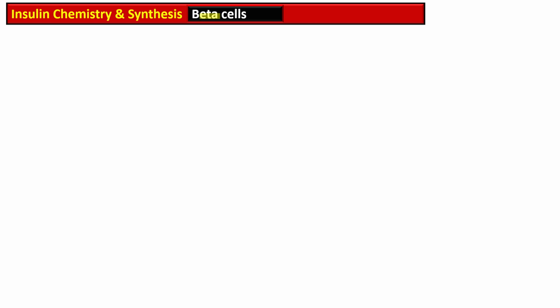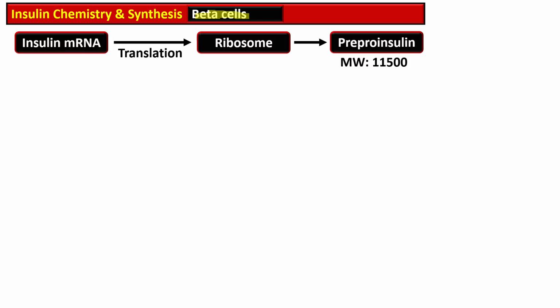So in the beta cells of the pancreas, the islets of Langerhans, various steps occur that result in formation of the insulin. First there is preproinsulin formation.